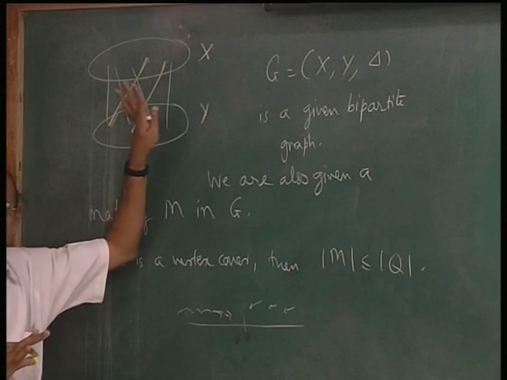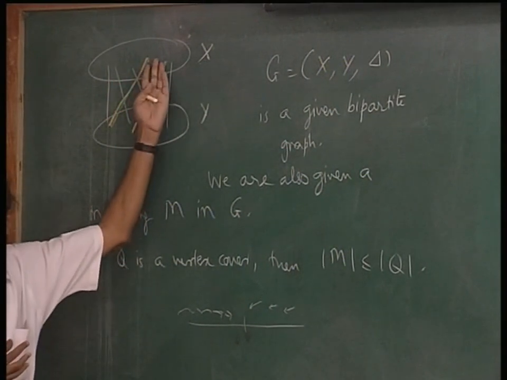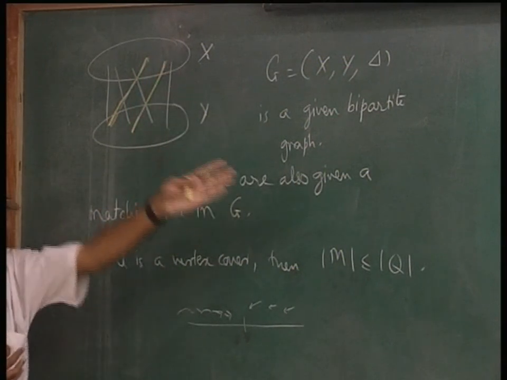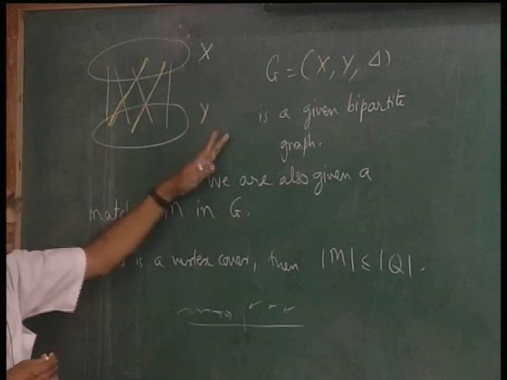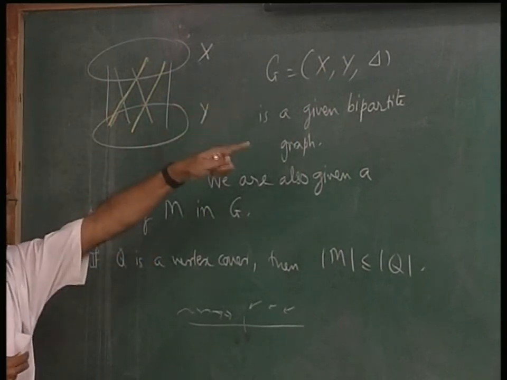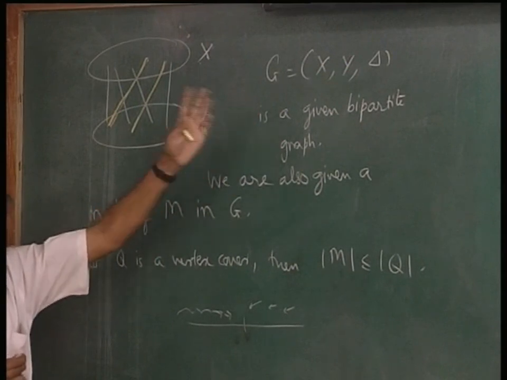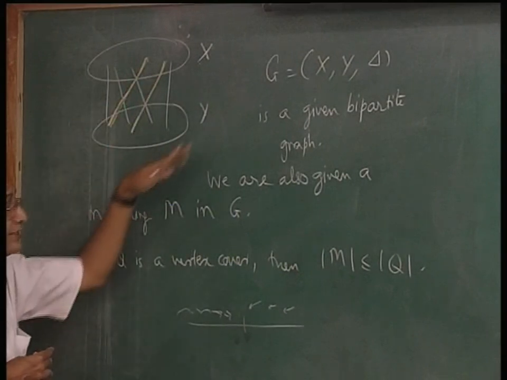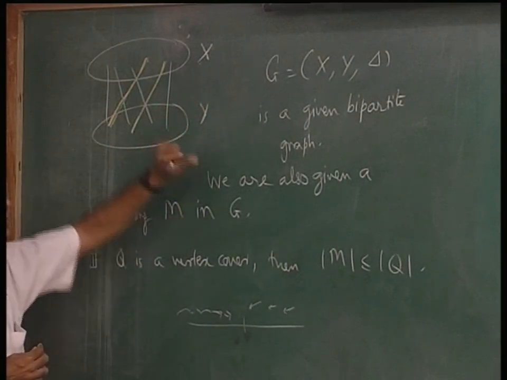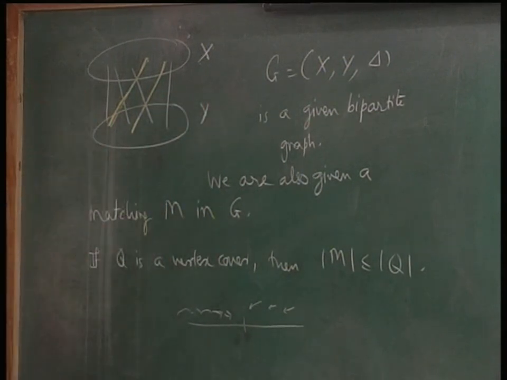Is that clear? There is nothing to prove in that case. You cannot do anything better than that. That's like saying this is a set of boys and that is a set of girls, and every boy has been paired with a girl. Of course, this is biased towards X, so some girls may remain unmarried. But then we can interchange and say that X is a set of girls, and some boys will remain unmarried, etc.